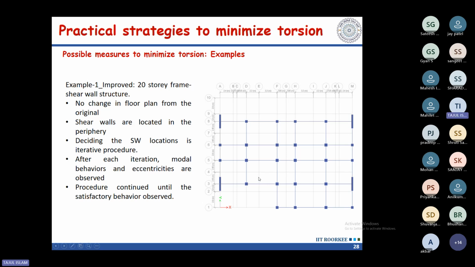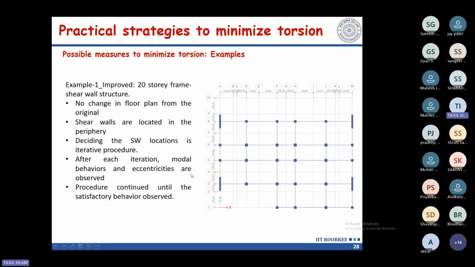If you introduce the shear wall close to the center of mass, it will not have that much effect. So I followed that point, as far from the center as possible, and introduced these shear walls.